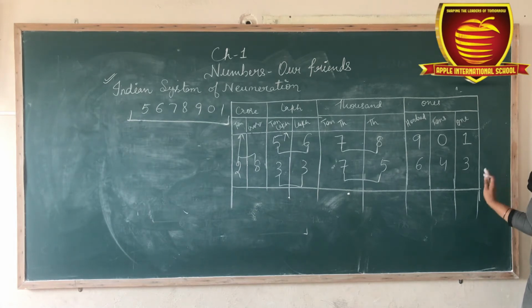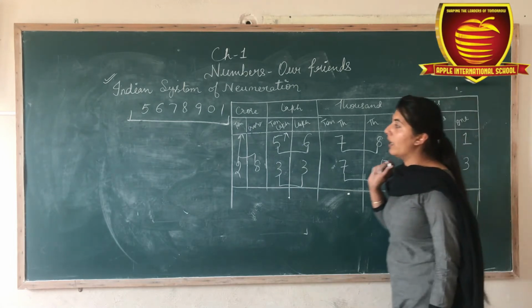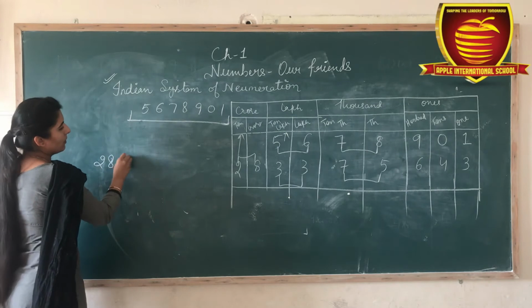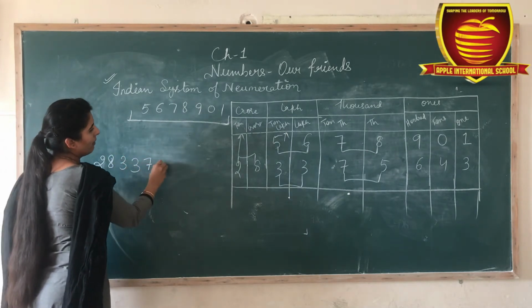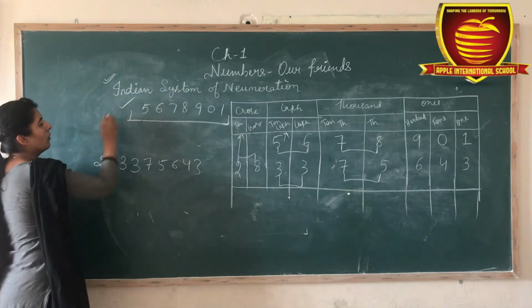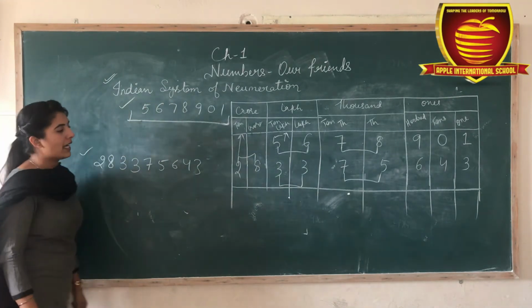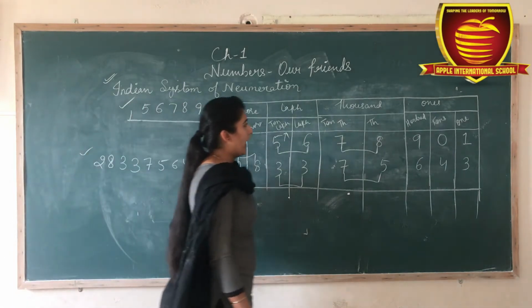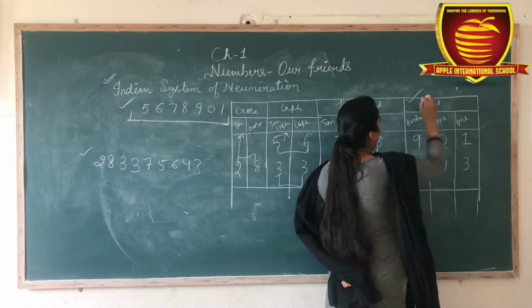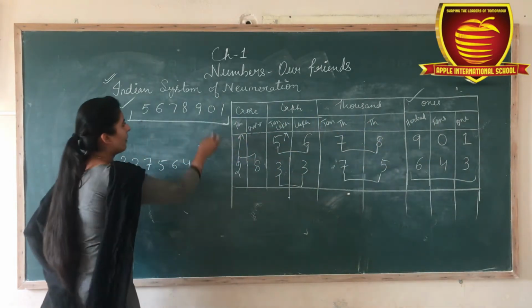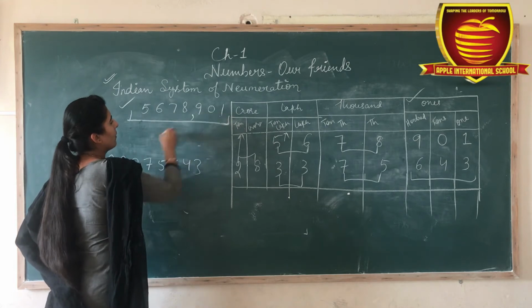Now next is how I put the commas. 2, 8, 3, 3. The first comma is put after 3 digits.